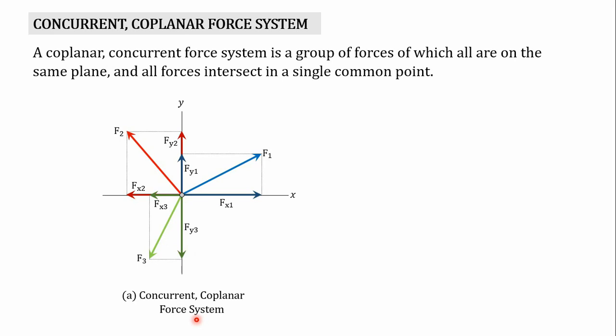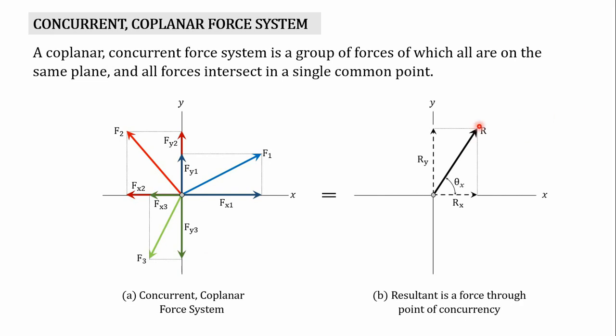If we want to convert F1, F2 and F3 into its equivalent single force, we call it the resultant. So like this one, this is the resultant force of these three forces.